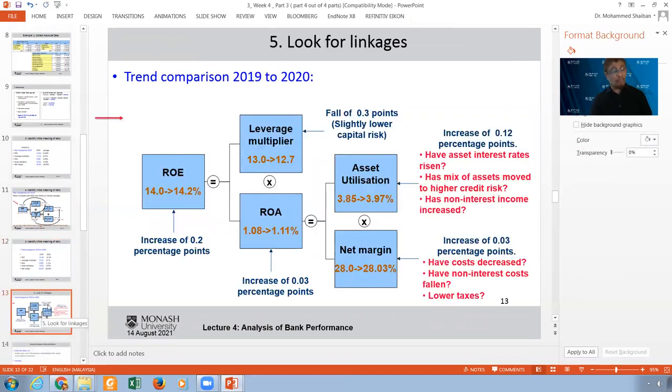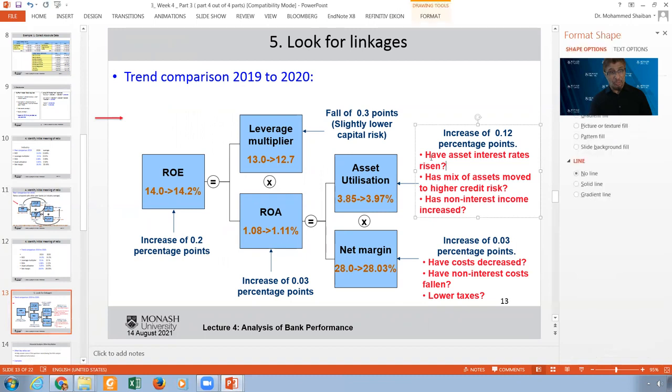Maybe we hired someone in 2020 and he came with very aggressive policies and affected these numbers. So they can increase the asset utilization by giving more loans. So maybe the question is, have the asset interest rates risen? Which means there is an interest rate increase in the market and we increased our interest rate to our customers.